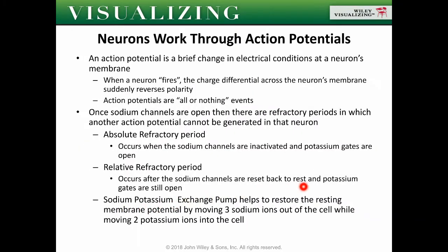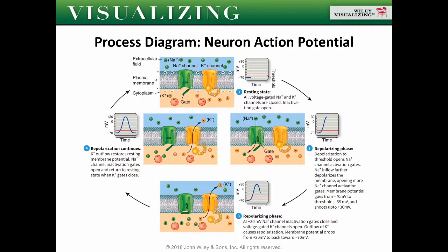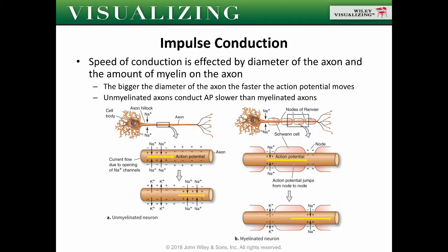The sodium-potassium pump will restore the membrane potential by switching the different ions. So after the outflow of the potassium, the sodium-potassium pump will work very hard to put sodium outside and potassium back inside the cell, and you go back to your resting potential. So basically, that's your action potential.